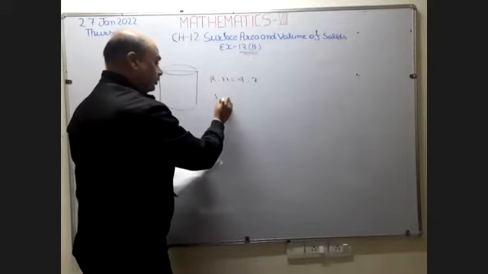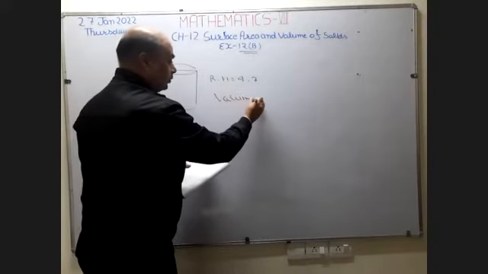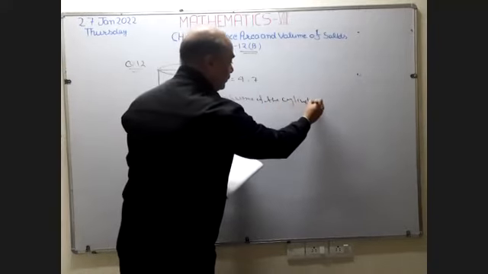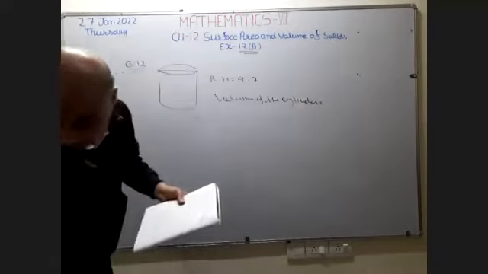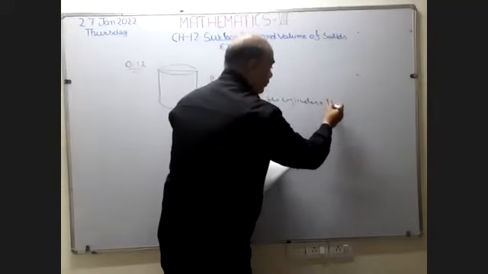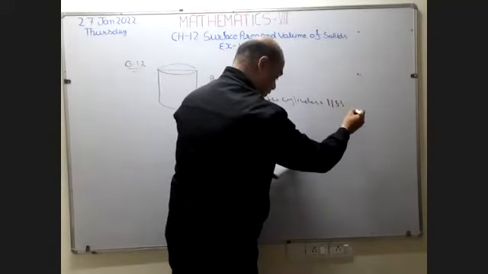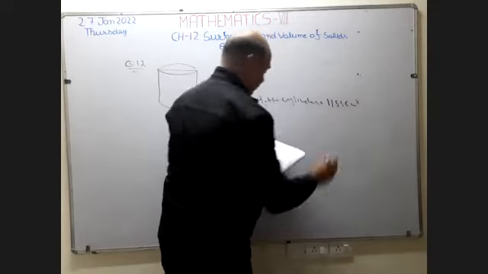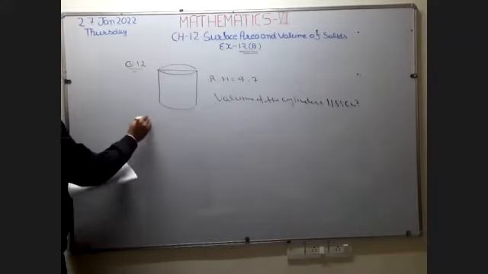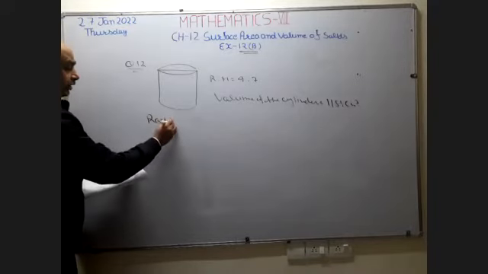So right here, volume of the cylinder, which is given, 1188 centimeter cube. Now in this question, we are going to find the radius of the cylinder.